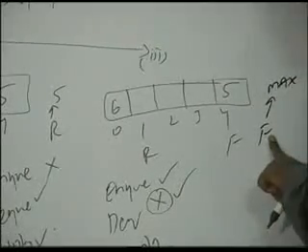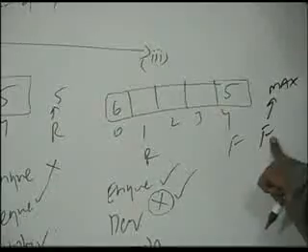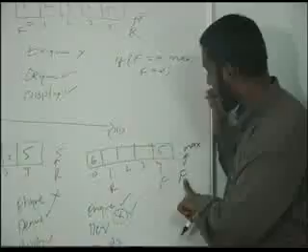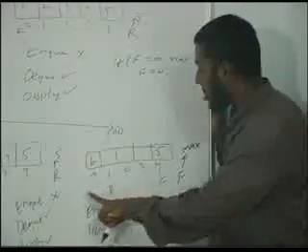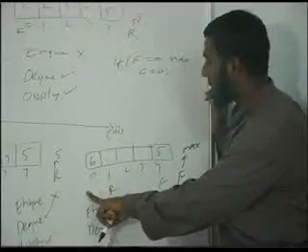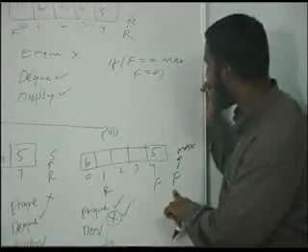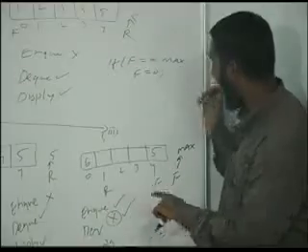So whenever I see F pointing to max, then what do I have to do? I have to set F equal to 0. So this is also like F mod max.